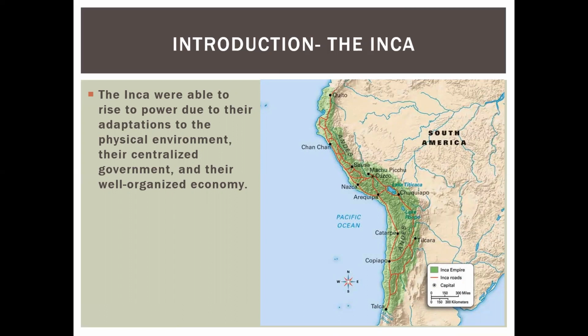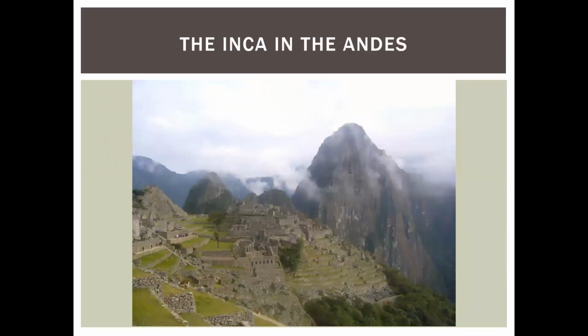And this map shows the incredible network of roads that the Inca built. From Quito to Talca is literally thousands of miles. It's an incredible distance. And the Inca had an incredible road network that connected all of their towns, went through all of the mountains, and allowed the Inca Empire to thrive.